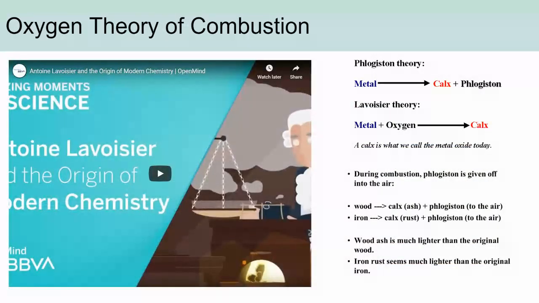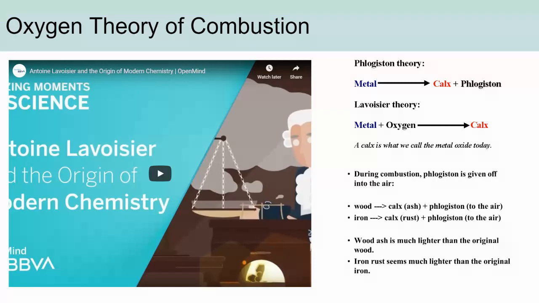And the second theory we're going to look at in this set of lessons is the oxygen theory of combustion. So we're going to look at Antoine Lavoisier, and what was first proposed was the phlogiston theory.